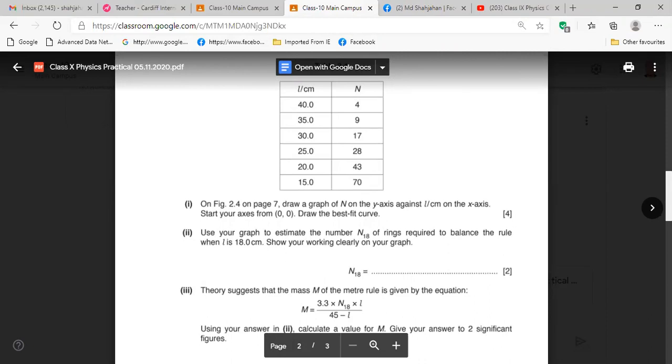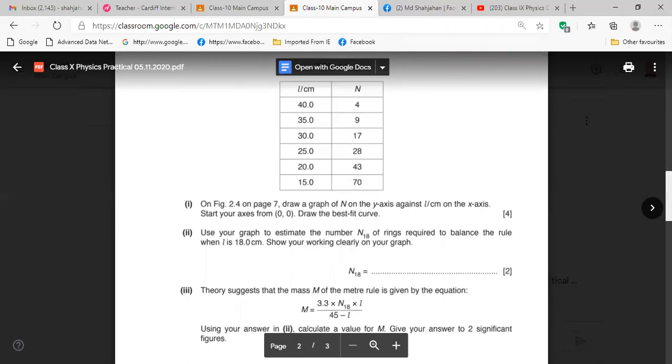Sir, I will start the y-axis from... From 0 you will start. How many squares are there? Check. 25. Same. Yes, 25.